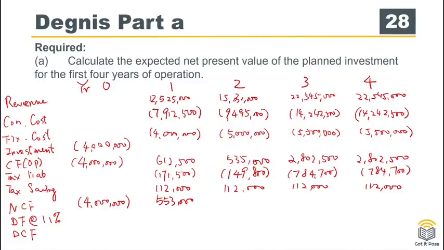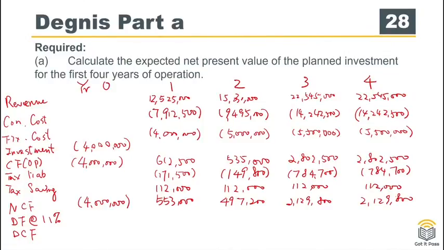And for the second year is 497,200. For the third year is 2,129,800. For the fourth year is the same as the third year.